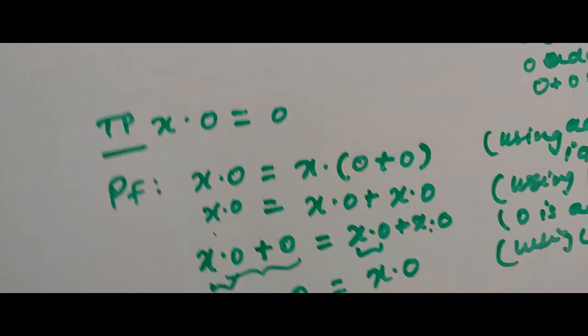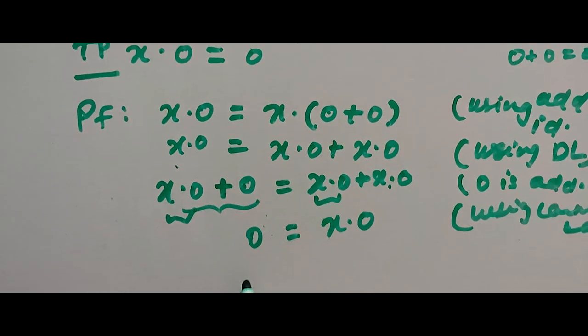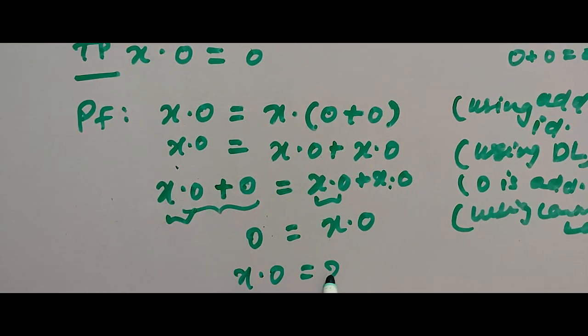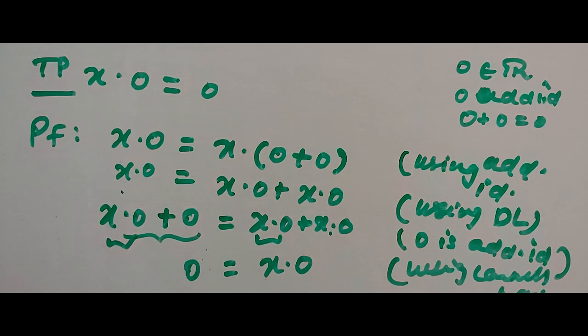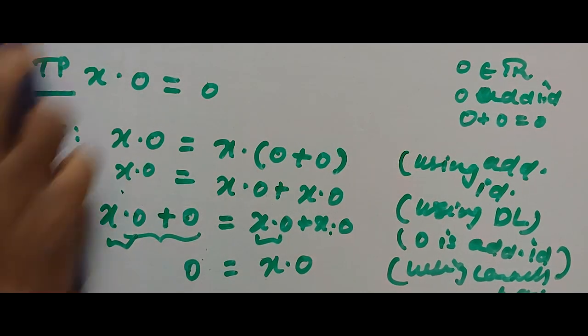Hence we have proved x into 0 is equal to 0. So these results look very trivial, but we have to prove them by using the properties of real numbers, the field axioms.